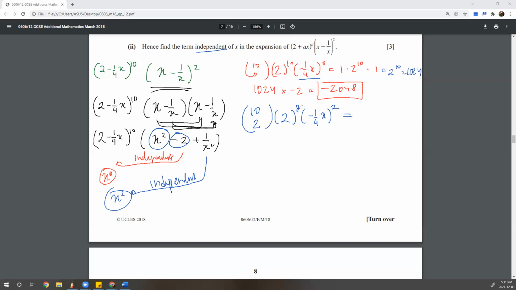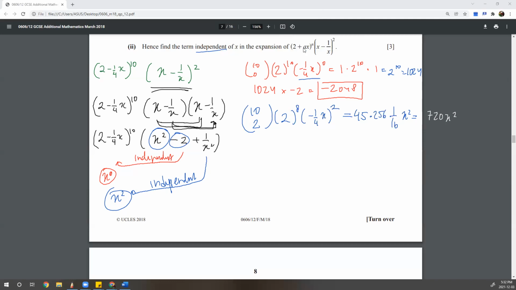I just do it directly. 45 times 2 power 8 is 256 times negative 1 over 4 squared. So 1 over 16 x squared. The answer will be 45 times 256 divided by 16, 720 x squared. 720 x squared.